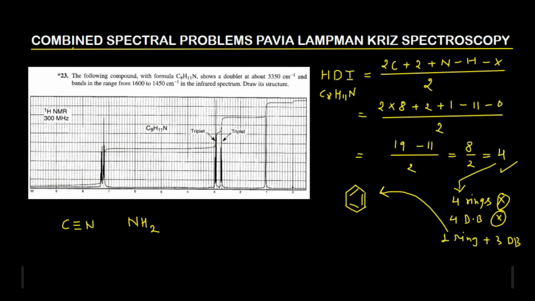But if you know the IR spectrum and the concept of the hydrogen deficiency index, based on this you can quickly discard the possibility of the CN group. Why? If along with the benzene ring, CN is also there, then the hydrogen deficiency index must be 6 or 7, right?